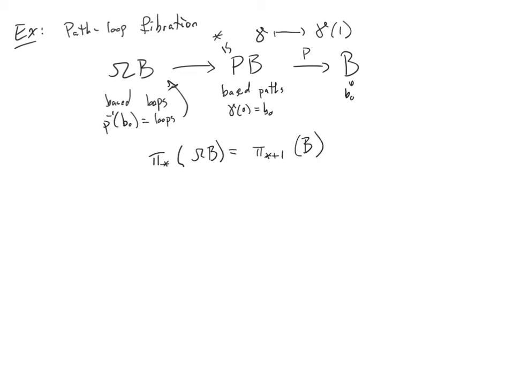You can see that from the connecting map in the long exact sequence, which would go from pi star of B to pi star minus 1 of loops B, so star plus 1 to star.